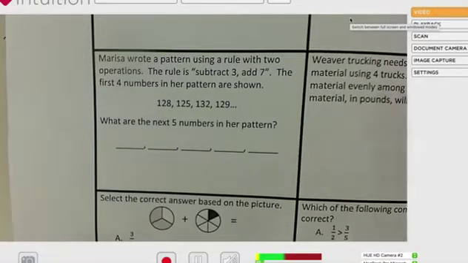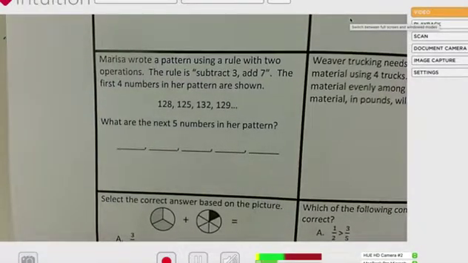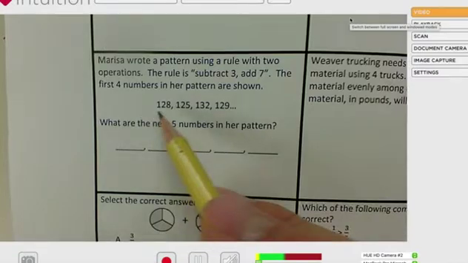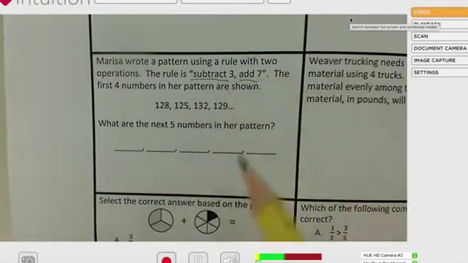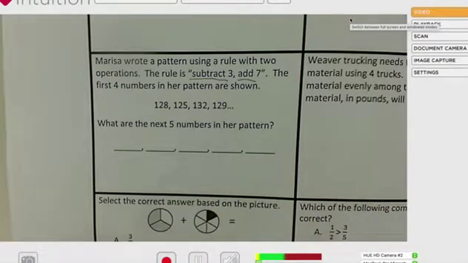This next one is a number pattern, and the rule for this list of numbers is subtract 3, then add 7. You've got to do them in that order.